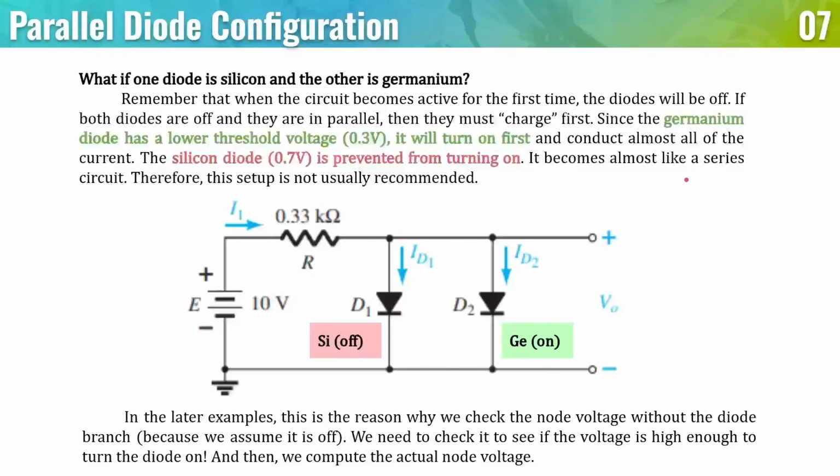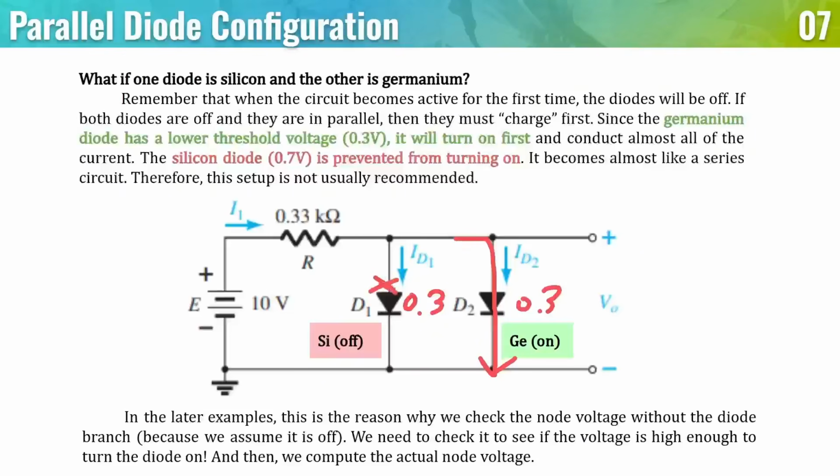The germanium diode has a lower threshold voltage than silicon. So when this reaches 0.3, it's going to start conducting the current. However, assuming they charge at the same time, this one will still be stuck at 0.3, or maybe 0.4, but not 0.7. So this will remain off.